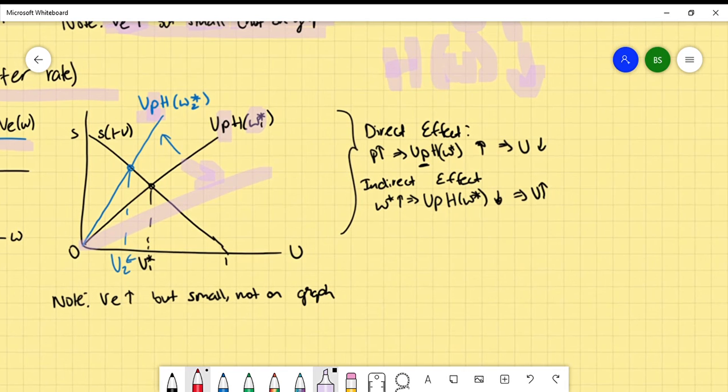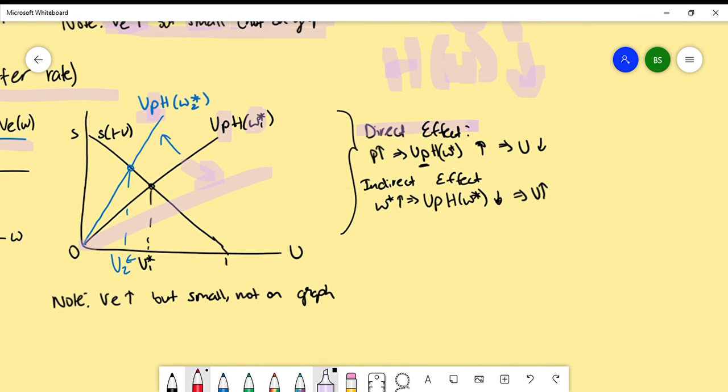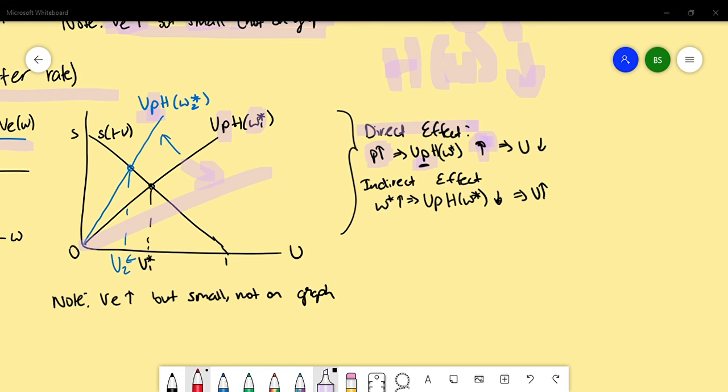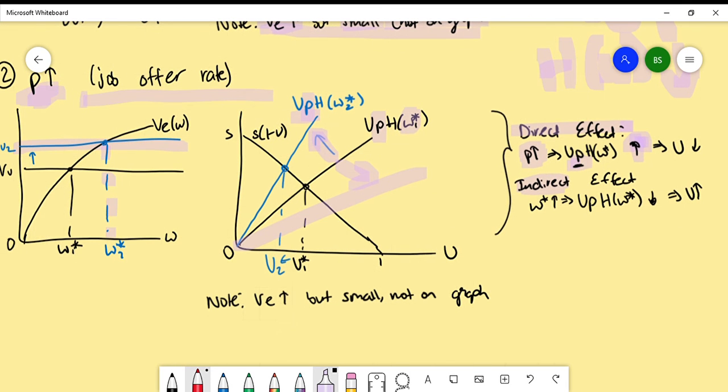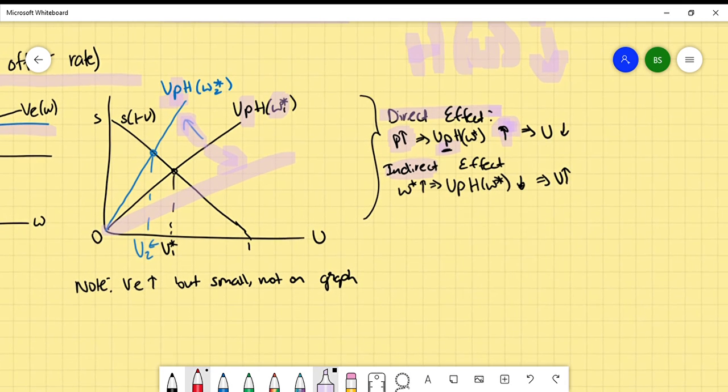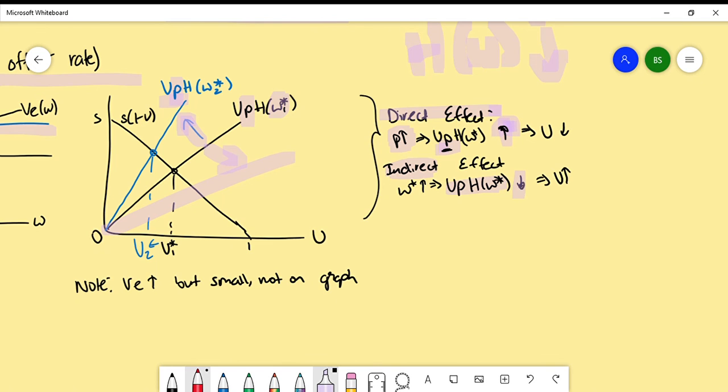One is a direct effect: when P increases, this thing increases, so we would make the graph go upwards. And there's also the indirect effect that the wage is increasing, and since the wage is increasing, the HW has to decrease, so we would draw it downwards. In this case, I have drawn it so that the direct effect is greater than the indirect effect.